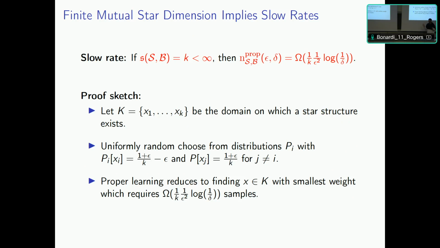So now if we want to have a successful proper learner, it should find that point with the smaller mass, which requires 1 over epsilon squared number of samples. If you're familiar with the coin flipping problem, it is similar to that when k is 2.